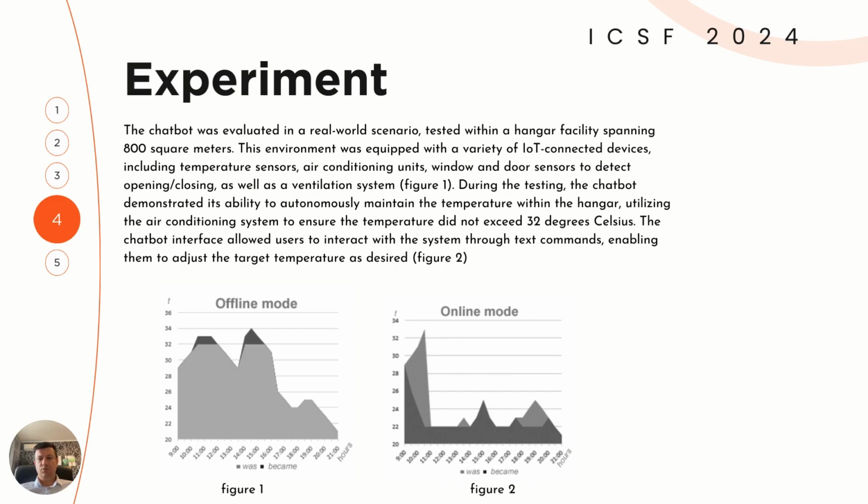Temperature readings were recorded at half-hourly intervals, providing the chatbot with the necessary data to intelligently regulate the environment. The autonomous nature of the chatbot's operation allowed it to proactively manage the temperature without constant human supervision.